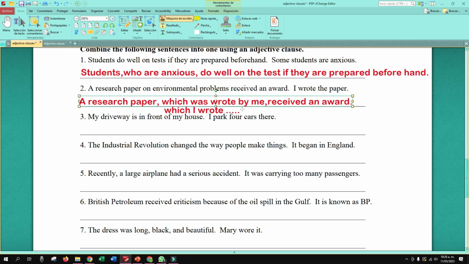For me, that's good if you use that one also, because you can use that for objects, things, right, and people. But which, you're using that when you give extra information about any specific noun. So you're talking about the research paper there. So you can use also that if you want it.